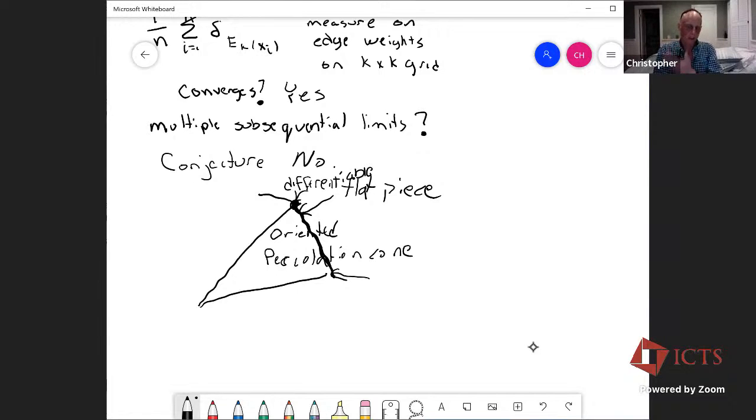Going back to Ken's question, this is assuming that I have some independent and continuous distribution for my edge weights.